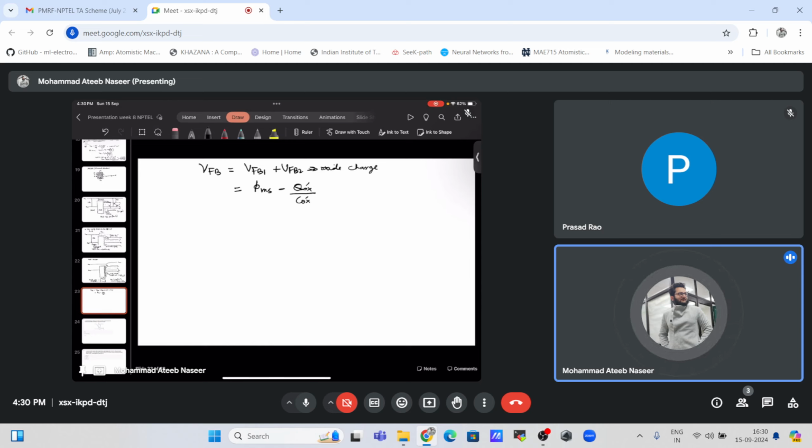There must be one question: why have I taken the oxide charge to be positive? Because it has been seen that in most cases the mobile charges are caused by Na positive and K positive, that is, sodium and potassium ions, which cause this kind of thing.